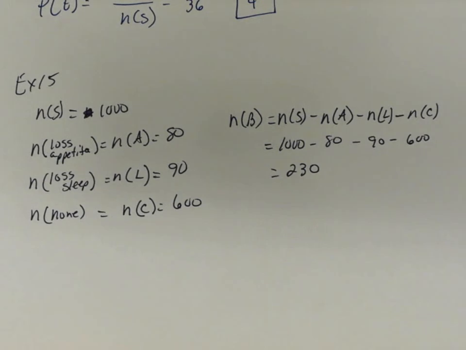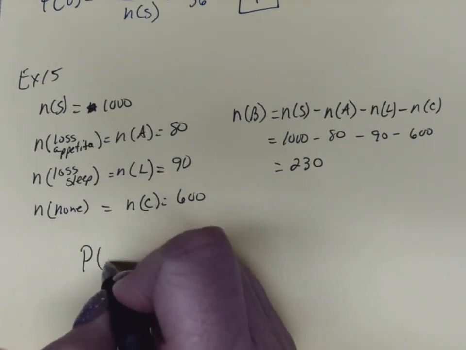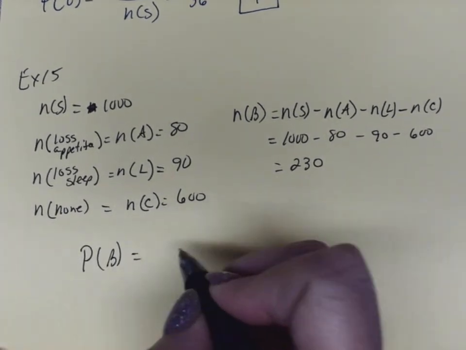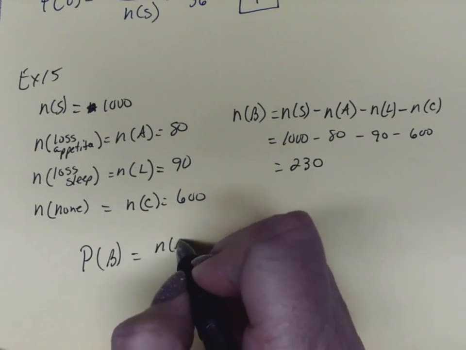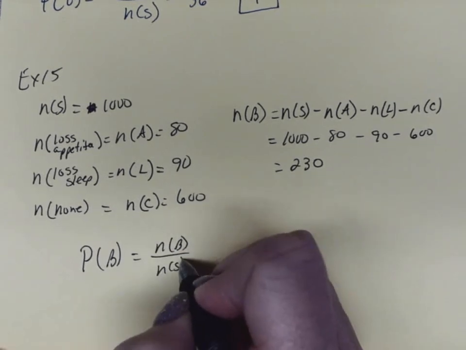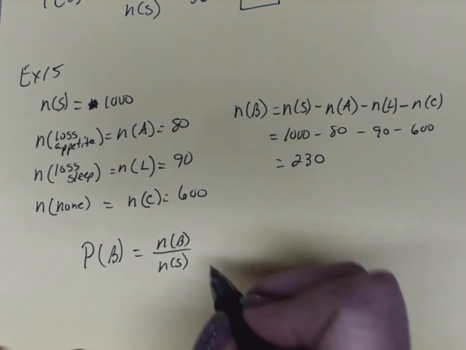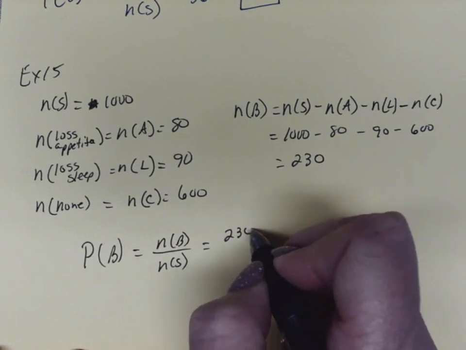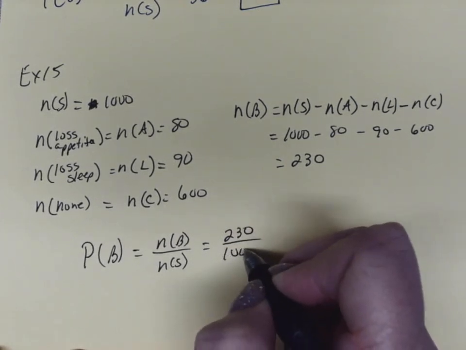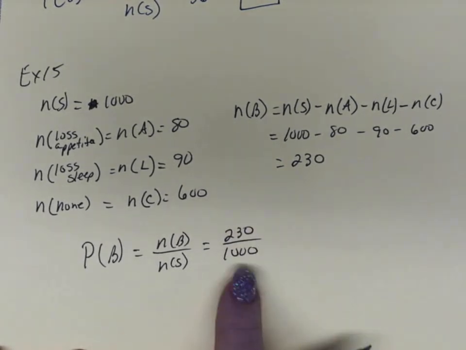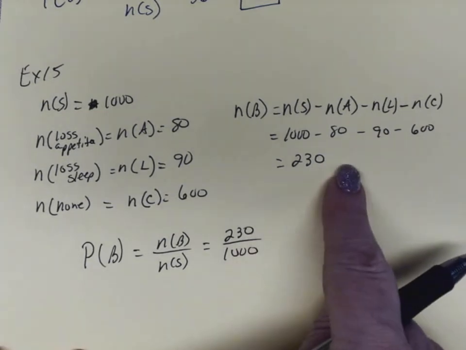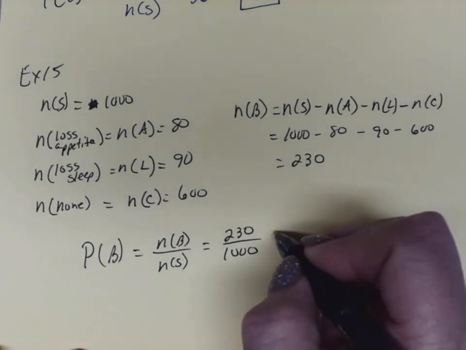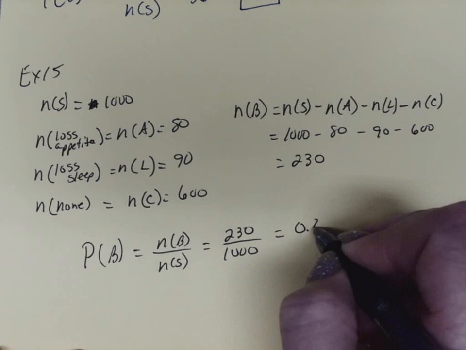So now we can find the probability of both would be the N of B over the N of S, which will be 230 over 1,000, because that's a total of subjects. This is the ones for the total of both, and that'll get us 0.23.